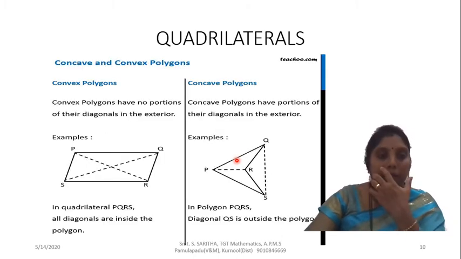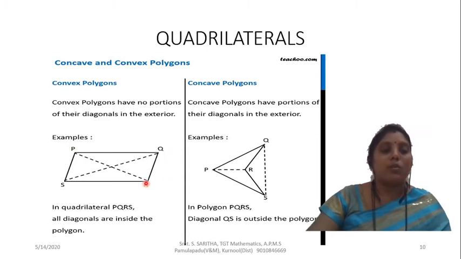Now observe the figures P, Q, R, S. We can also differentiate convex and concave using the diagonals. In a quadrilateral, we can draw two diagonals. In this quadrilateral PQRS, the diagonals are PR and QS. Observe the two diagonals here. The two diagonals lie totally inside the quadrilateral.